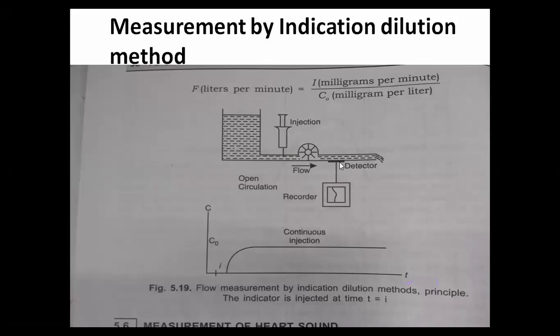Due to that the detector output is very low, and that low value means it has high blood flow, so the flow rate is very high.